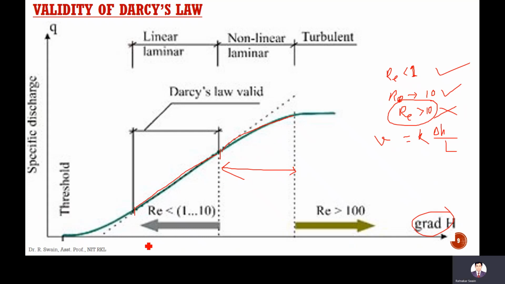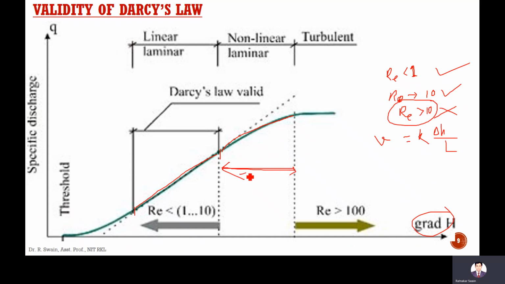So Darcy's law is valid for a linear relationship, for laminar flow, and the Reynolds number must be less than 10. Here the Reynolds number is beyond 10, and the flow is changing from laminar to turbulent.